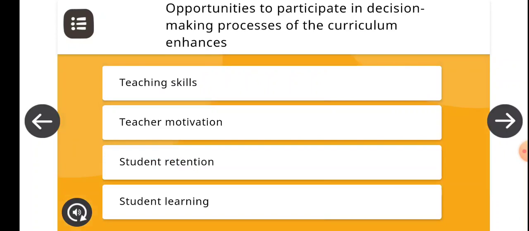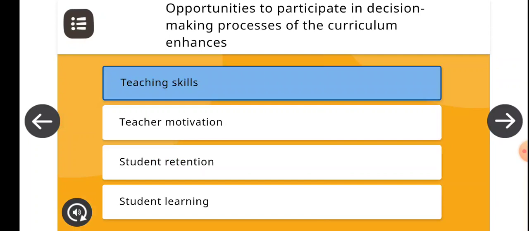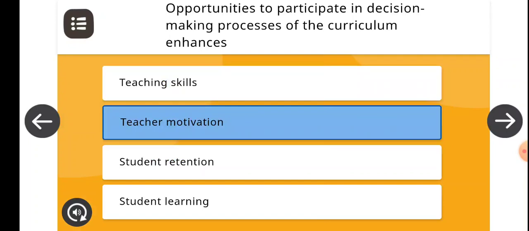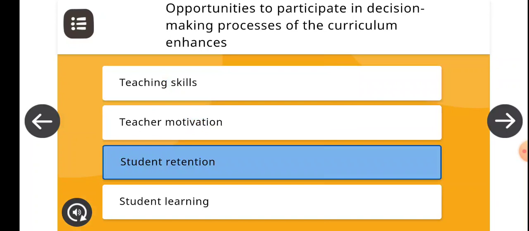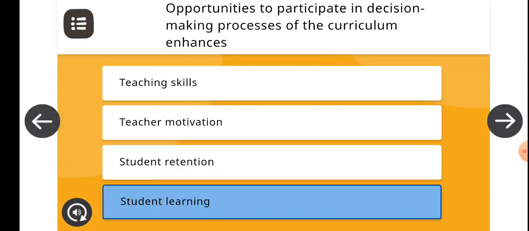Next, opportunities to participate in the decision making process of the curriculum enhances what? This question emphasizes that you, as a teacher, are involved in the decision making process to enhance the curriculum, so how will you feel? Does it improve your teaching skill, or your motivation, or the student retention, or the student learning?